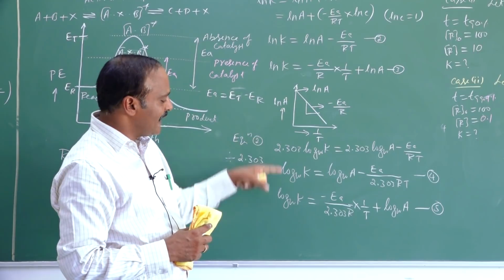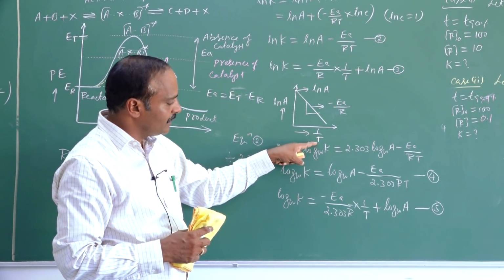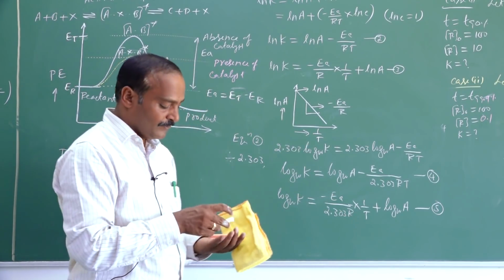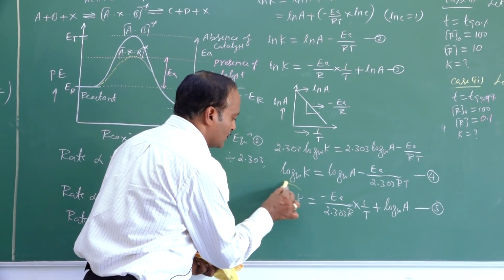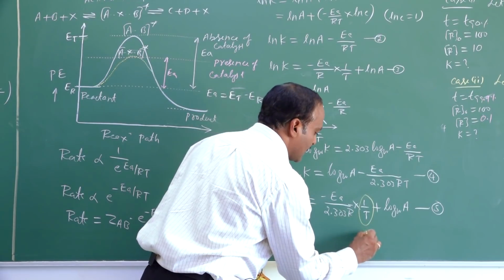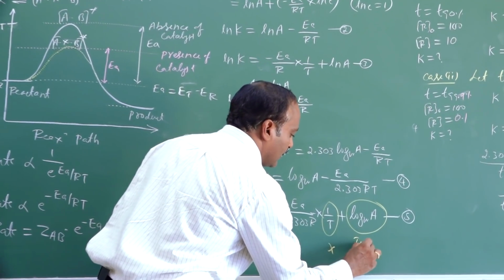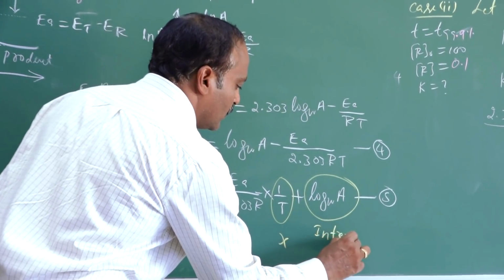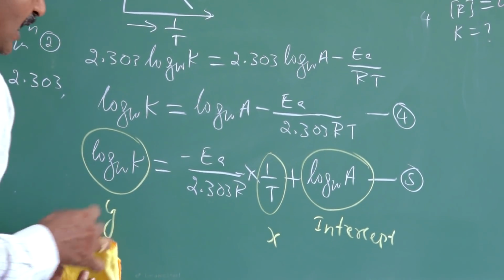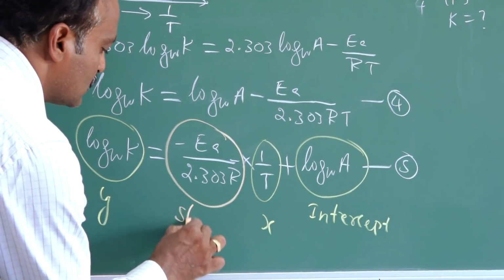Y axis is log base 10 K, x axis is 1 by T, then the slope is minus A by 2.303 R. Log base 10 A is called the intercept, and minus A by 2.303 R is called the slope.